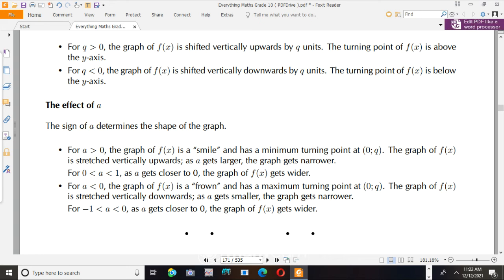For A between 0 and 1, as you get closer to 0, the graph of f of x gets wider. For A less than 0, the graph of f of x is a frown and has a maximum turning point (0, Q), and the graph is stretched vertically downward. As A gets smaller, the graph gets narrower. For minus 1 less than A less than 0, as we get closer to 0, the graph of f of x gets wider.